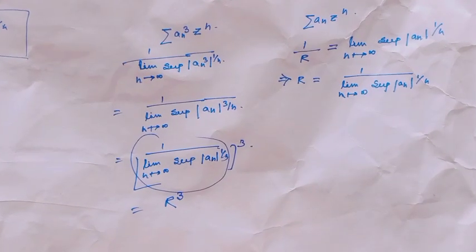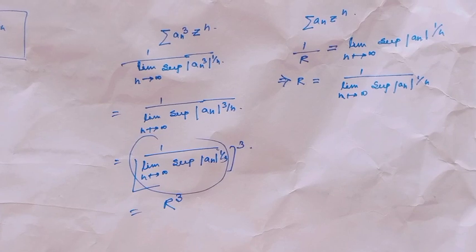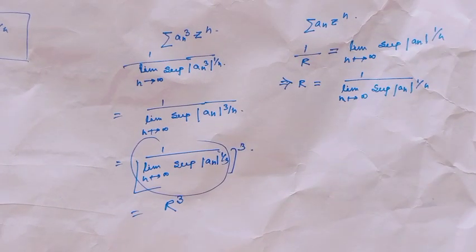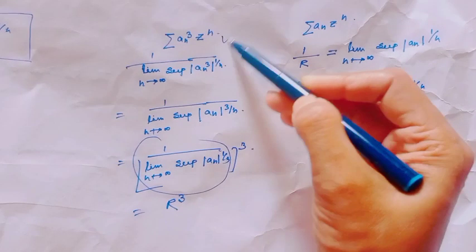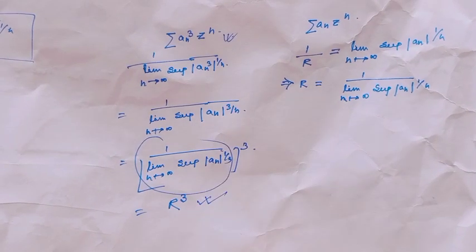Therefore, when the given power series looks like a n cube z n, where the radius of convergence of the power series a n z n is r, then for this type of power series, the radius of convergence is r cube.